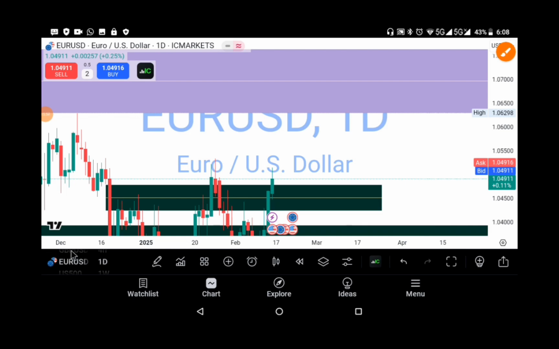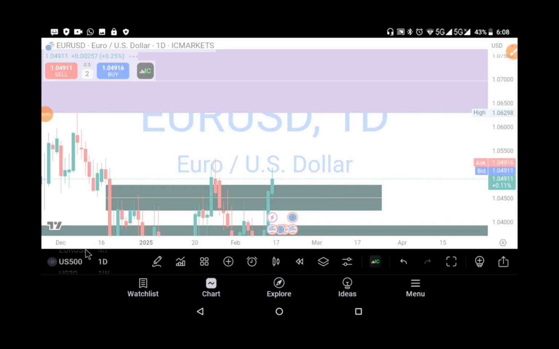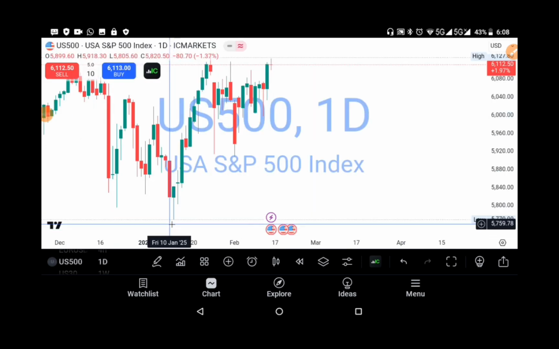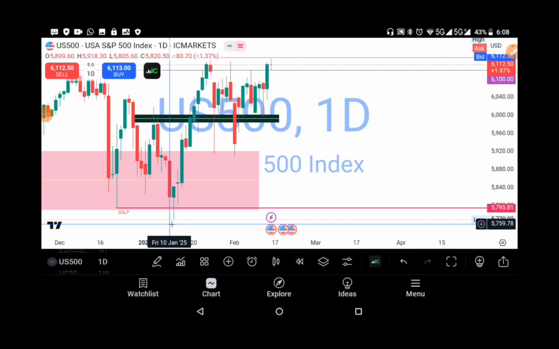So without wasting much of our time, let's go into the S&P 500. On S&P 500 last week, I was interested in 6,000 serving as a support to the price that will send us into 6100 and 6127.8.